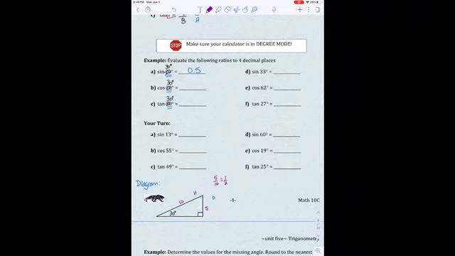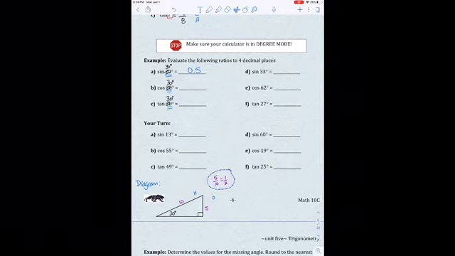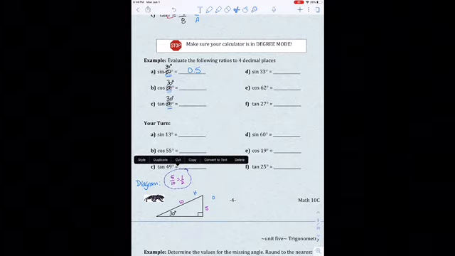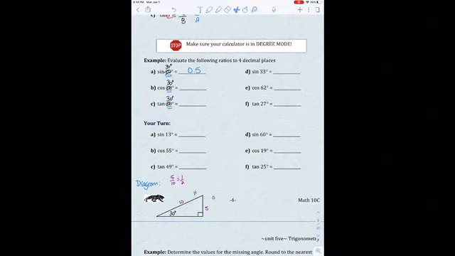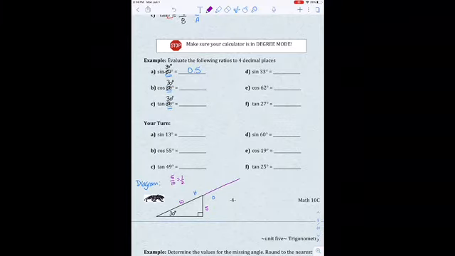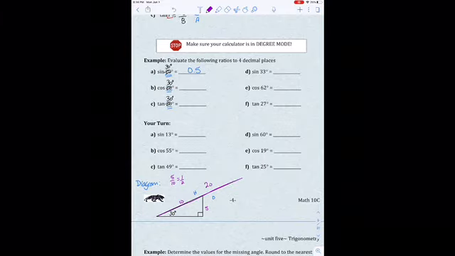Let's take, I'm just going to move this out of here for a second. If I were to, in fact, double the length of the hypotenuse, instead of 10, let's make the whole hypotenuse 20.